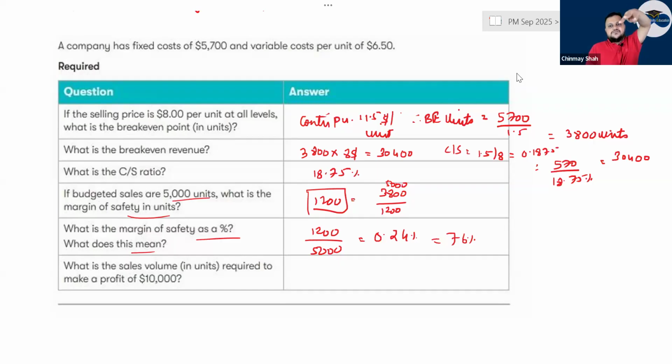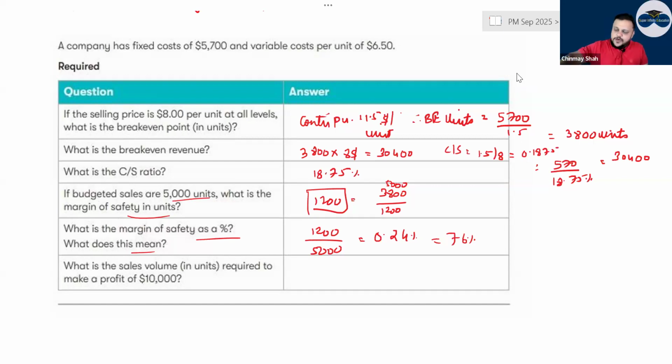What are the 2 or 3 things required in that? 10467 units. Okay. Ishan, what do you say?